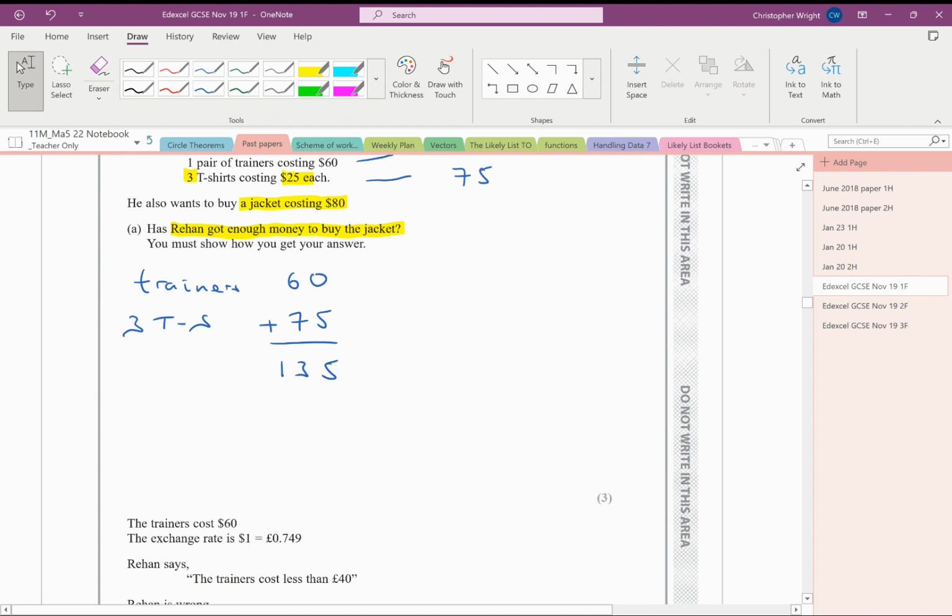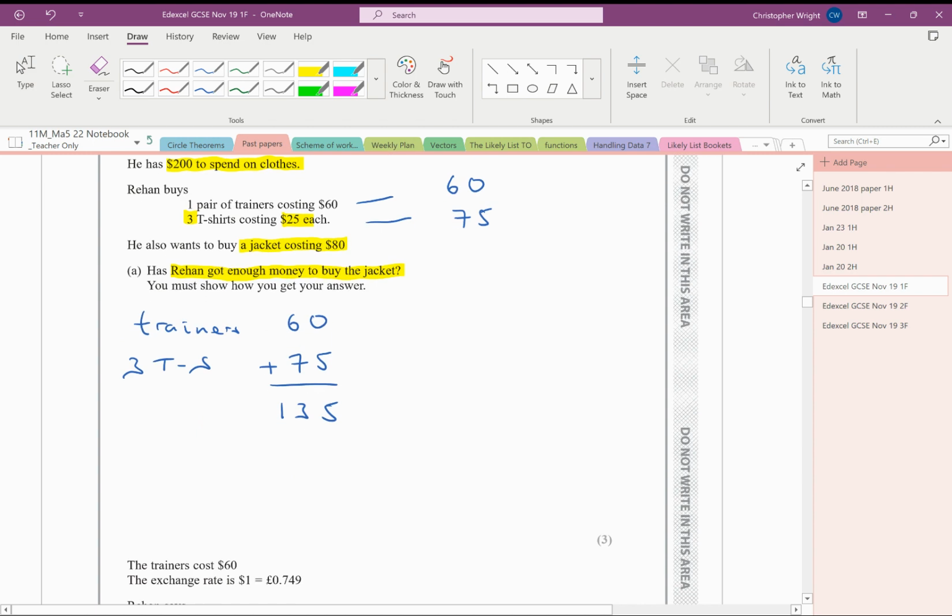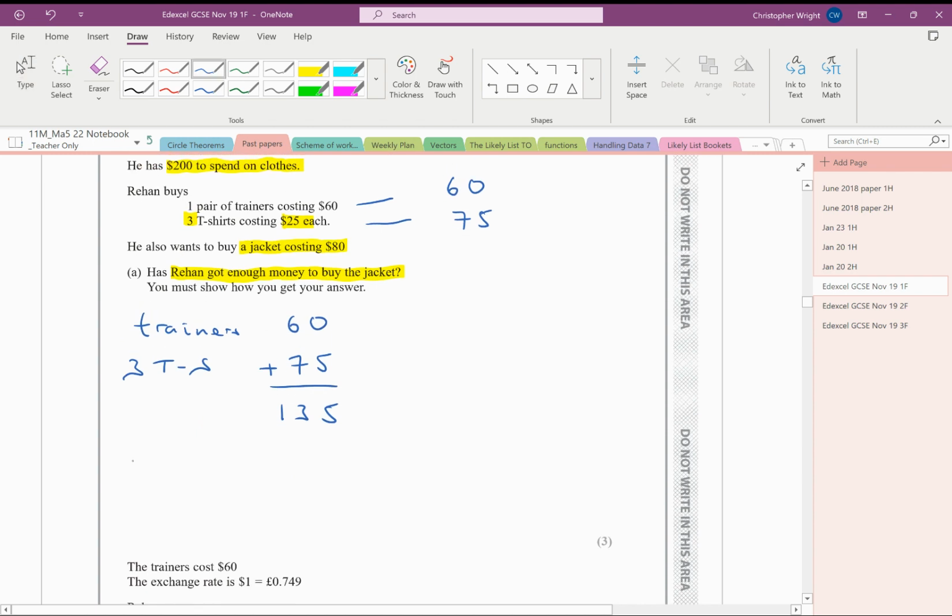I wonder if he's got $80 left. Well, let's have a look. He had $200, didn't he? Now, 200 minus 135. Well, that's not going to give him 80 left. That only gives him $65 left. So, no is the answer to the question. He has not got enough money.